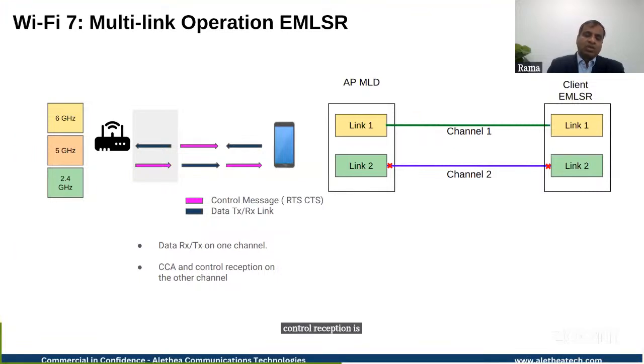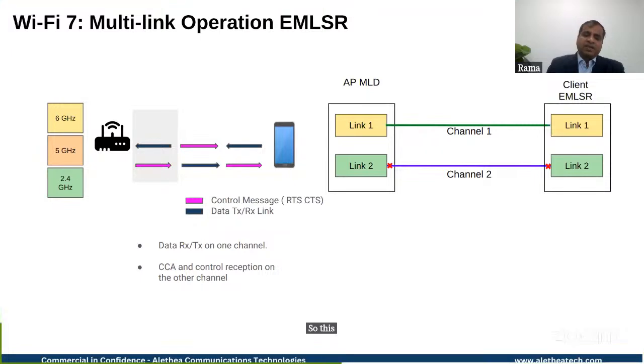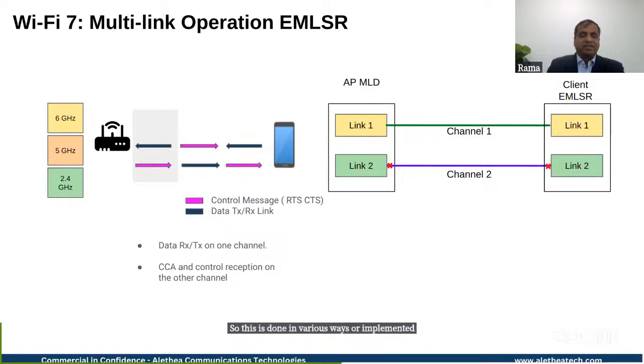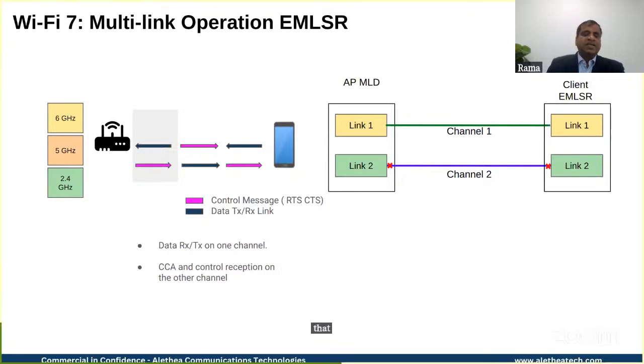It can also do clear channel assessment on the other channel. This is implemented differently in different devices. But the crux of it is this, that the full TX RX can only be done on one channel, and clear channel assessment and control reception can be done on the other channel.